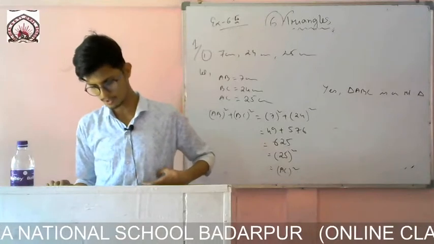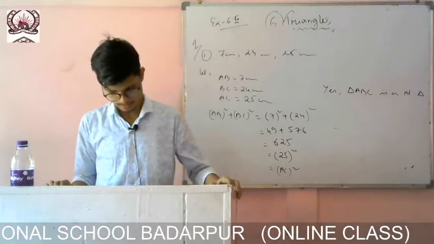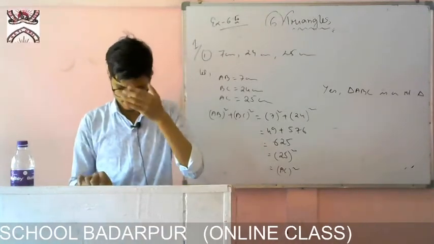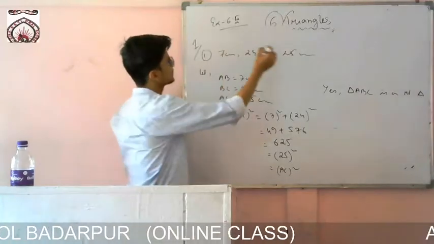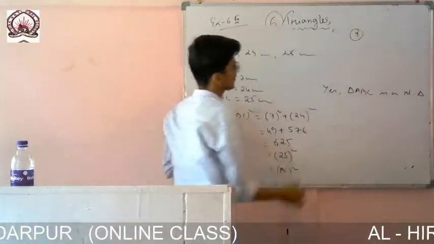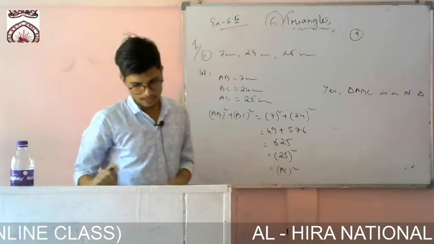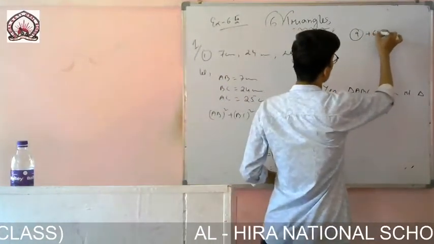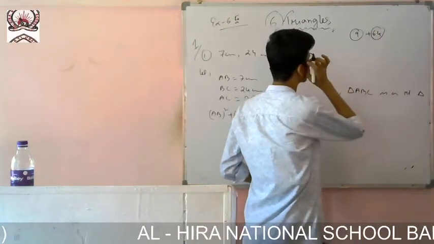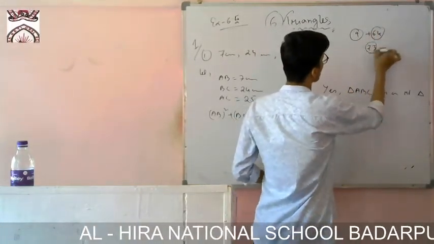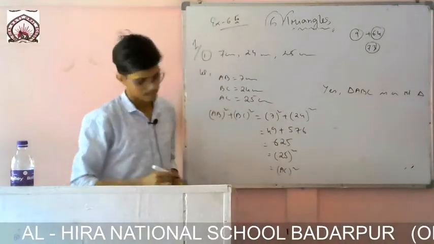Roman number 3, you check. 3 square, if I check orally, is 9, and another side 8 square is 64, so 9 plus 64 is 73.